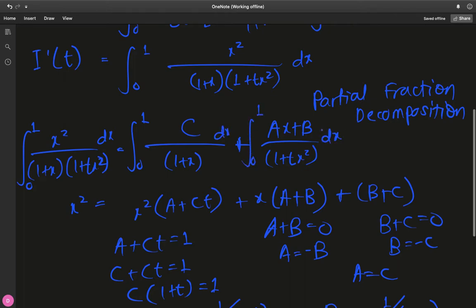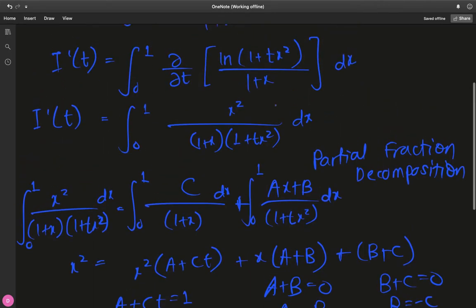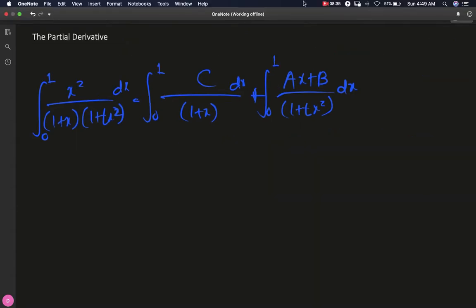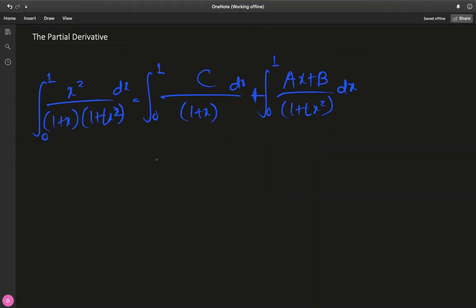So what I'm going to do is clear the mess above, and we know all these values. We just plug them in once I've cleared the mess. So once we know what a, b, c are, we can write our original integral, which was I prime of t, as basically the sum of these two integrals. So a is 1 over 1 plus t, b is negative 1 over 1 plus t.